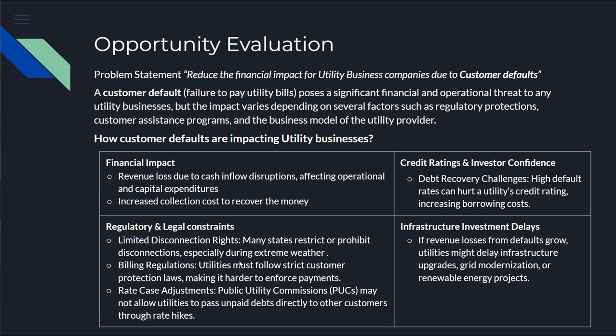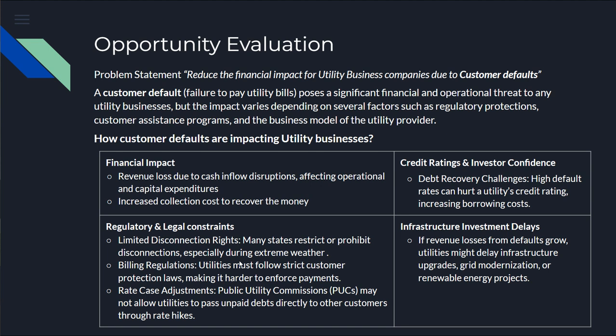There are certain laws which prohibit the disconnection of services for customers who are failing to pay the bills due to extreme weather conditions. Billing regulations: utilities must follow strict customer protection laws, making it harder to enforce payments.